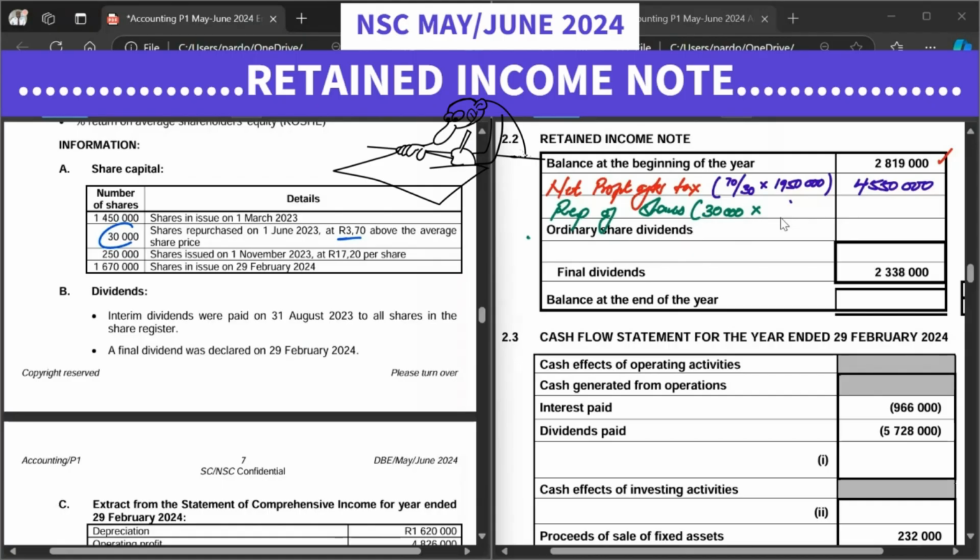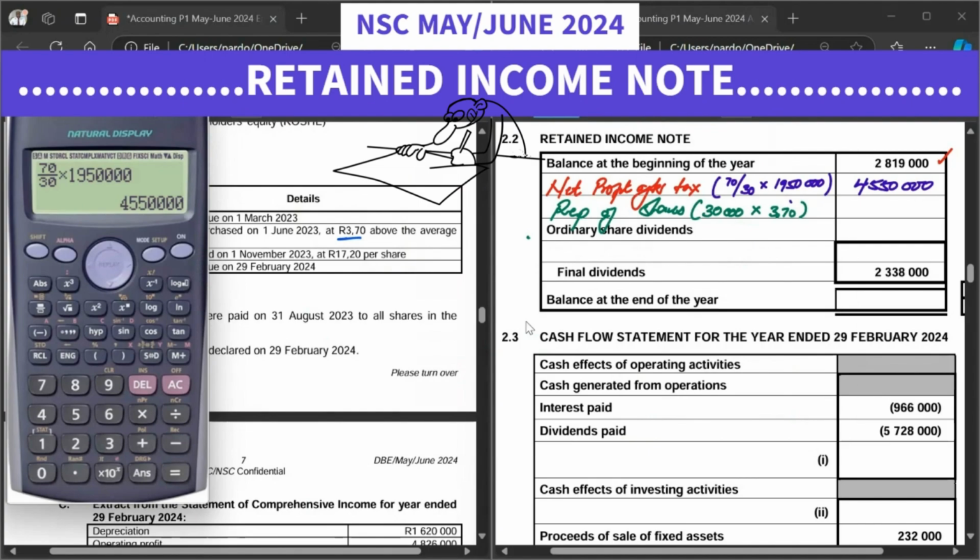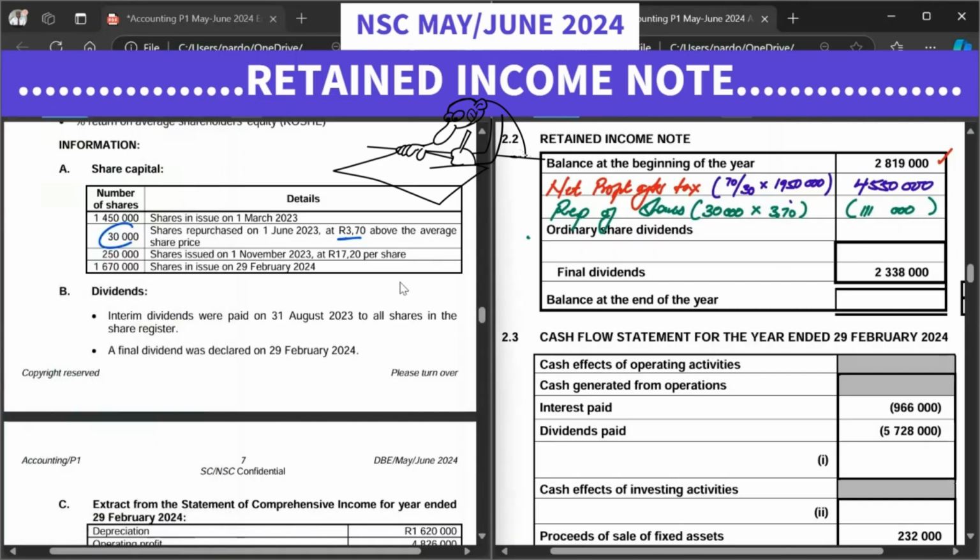So you know that in the retained income, we record the amount above the average share price. So I multiply this by 3.70. Let's come back again to our calculator. It's going to be 30,000 multiplied by 3.7, and that's going to give me 111,000. So remember, the repurchase of shares has to be in brackets.